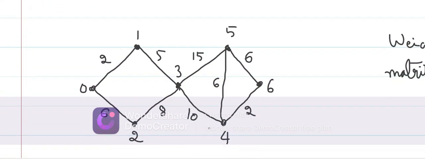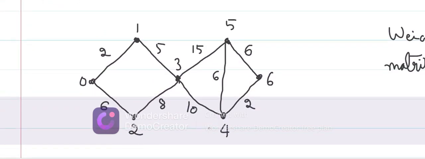So this is the given weighted graph. Here you can see that these are the vertices: 0, 1, 2, 3, 4, 5 and 6.